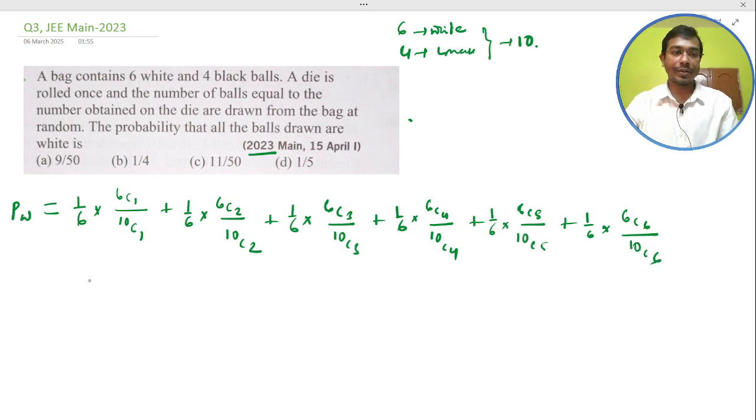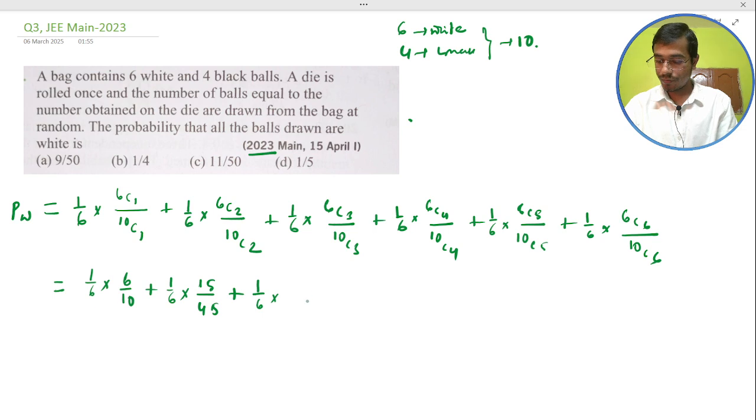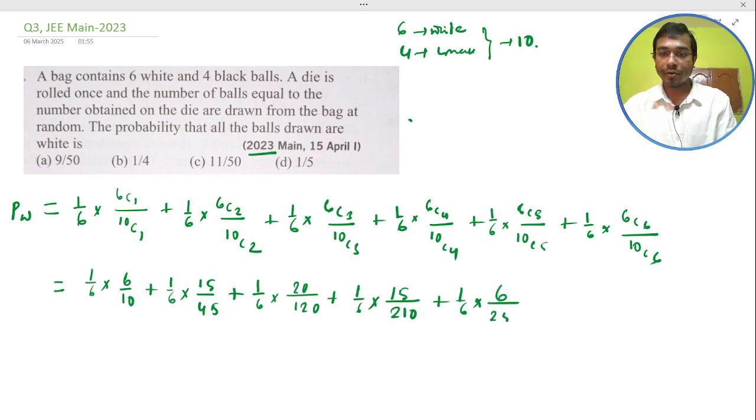Calculate. You would get 1 by 6 into 6 by 10, plus 1 by 6 into 15 by 45, plus 1 by 6 into 20 by 120, plus 1 by 6 into 15 by 210, plus 1 by 6 into 6 by 252, plus 1 by 210.